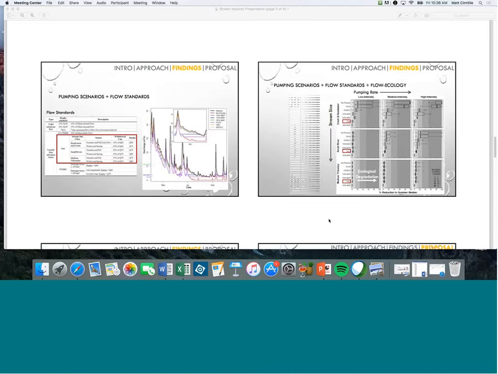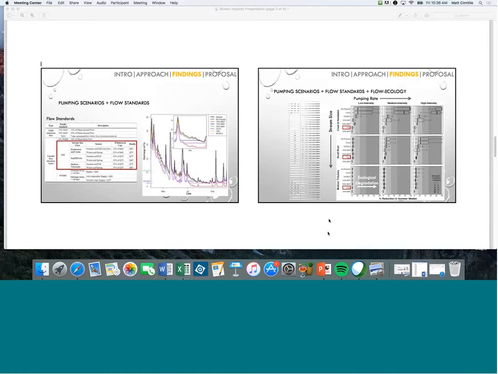We highlighted in that red box the T&C flow standards, which are probably the more complex of the bunch because they vary according to seasons. There are also some withdrawal caps, and those are all a function of exceedance flows, which are these pass-by flows. If you look, it says Q50, Q70, and those all refer to exceedance probabilities.